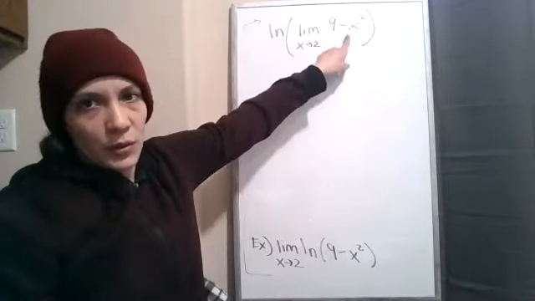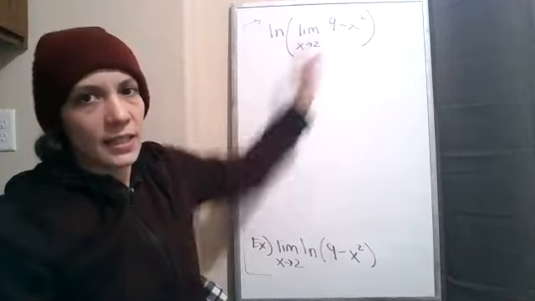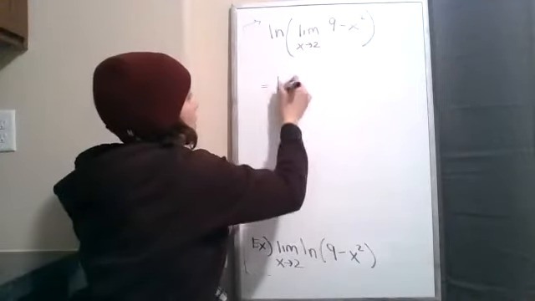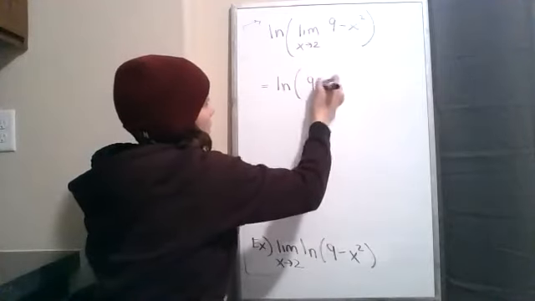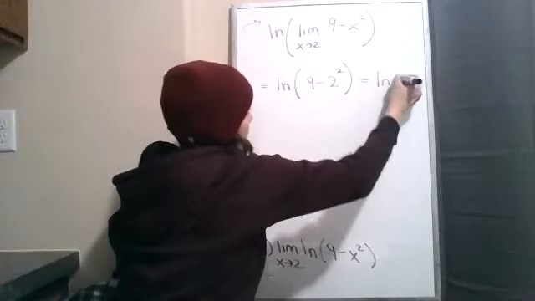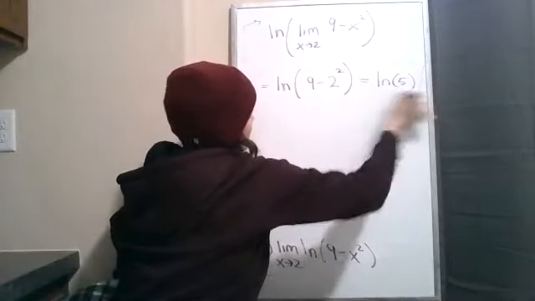This is a polynomial, so we can put 2 in for x and get ln of 9 minus 2 squared. So I got ln of 5.